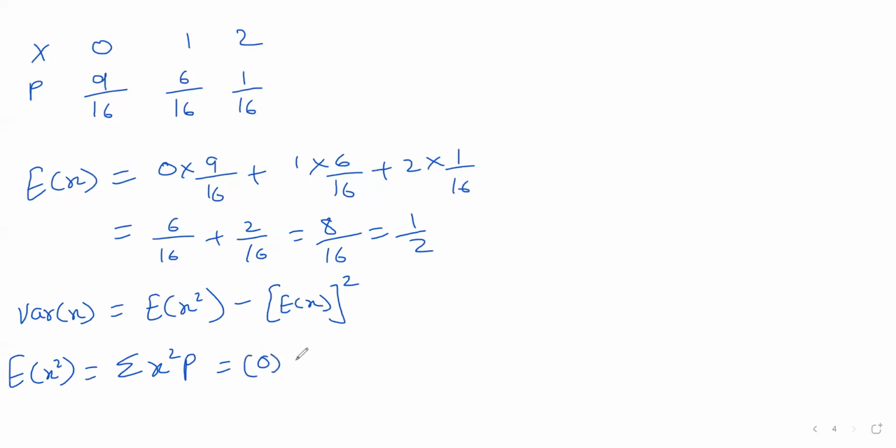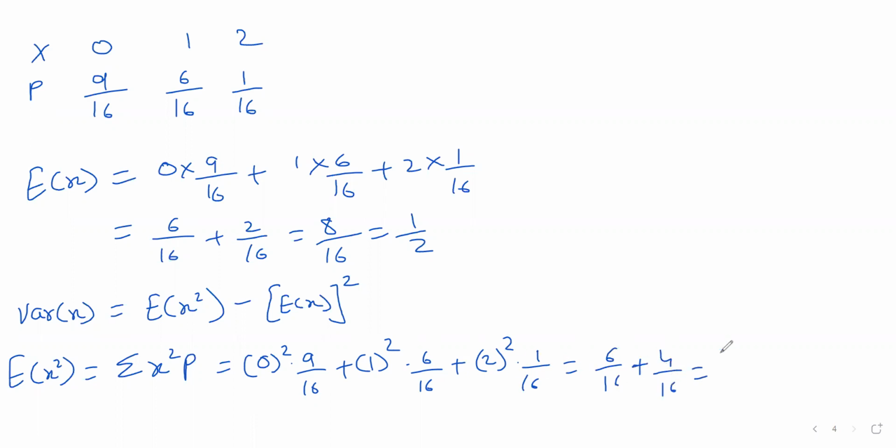That is 0 square into 9 by 16 plus 1 square into 6 by 16 plus 2 square into 1 by 16. This is 0, this is 6 by 16 plus this is 4 by 16. So that is 10 by 16. That is E of x square. Then E of x bracket square.